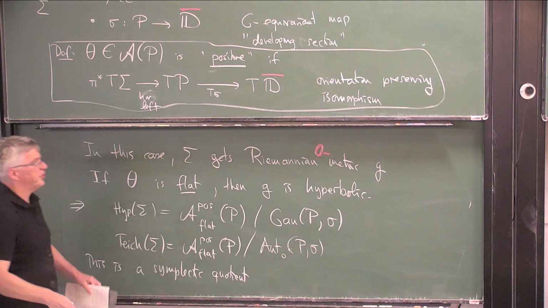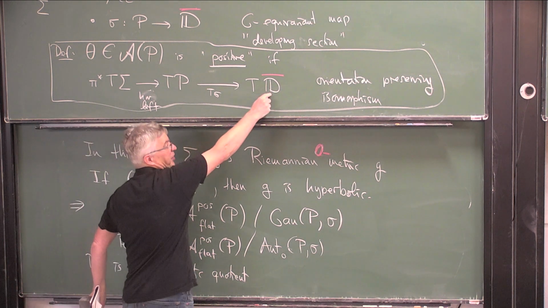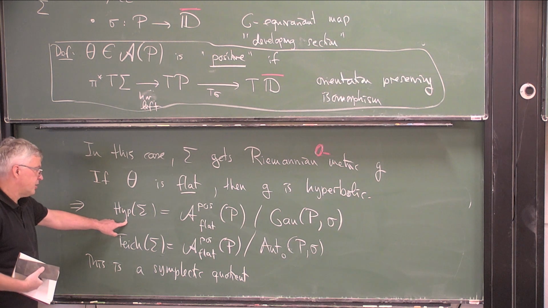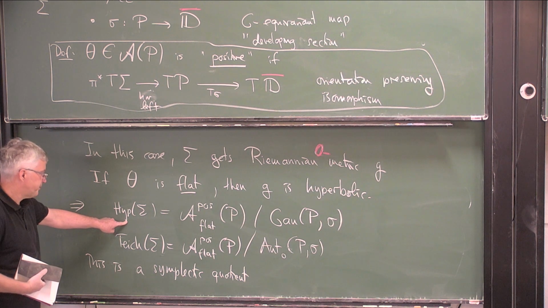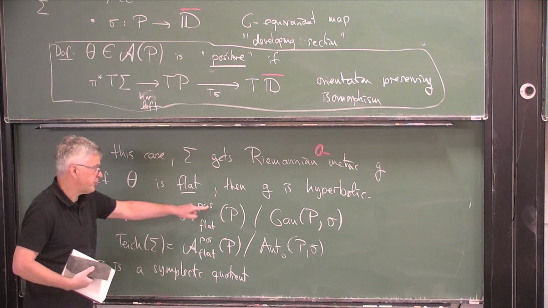We get a zero metric because it blows up along the boundary. Again, we just pull back the zero metric which you have on the closed Poincare disk. And if the connection is flat, then this zero metric is hyperbolic.